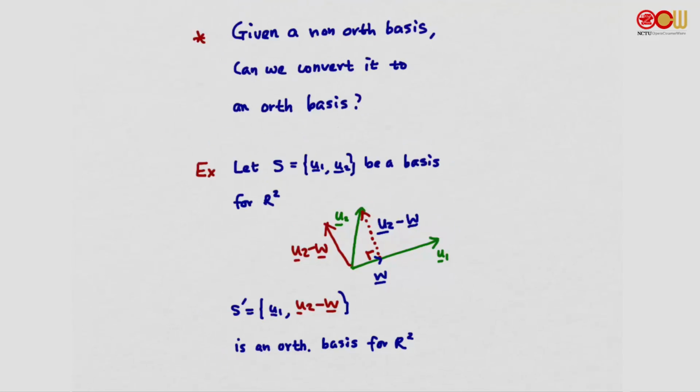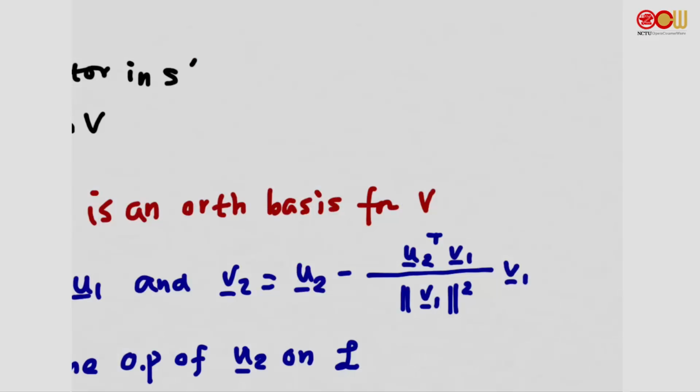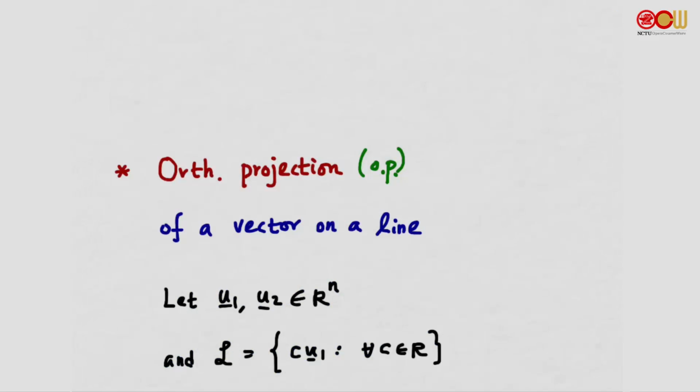That's the two-dimensional case. Now let's try to consider a more general n-dimensional case. Let's formally introduce orthogonal projection. Orthogonal projection of a vector on a line. We will be using orthogonal projection very often. We will use the abbreviation OP.